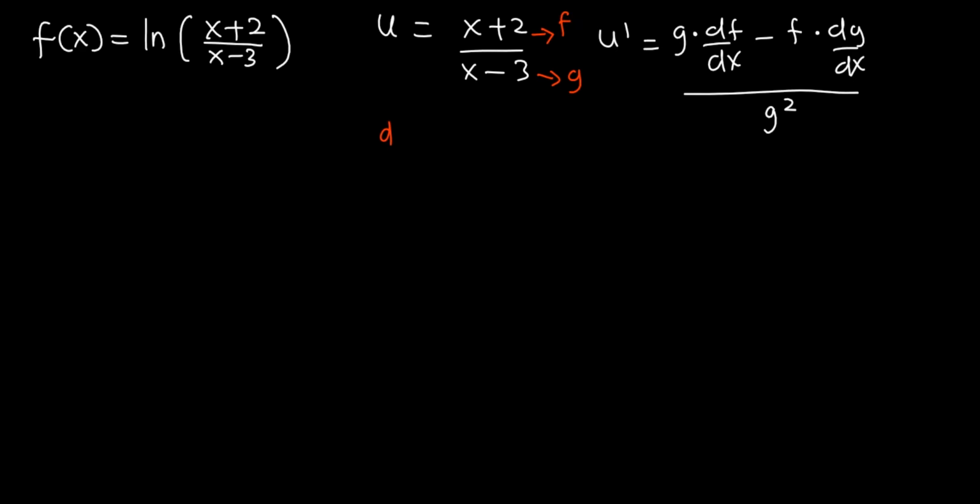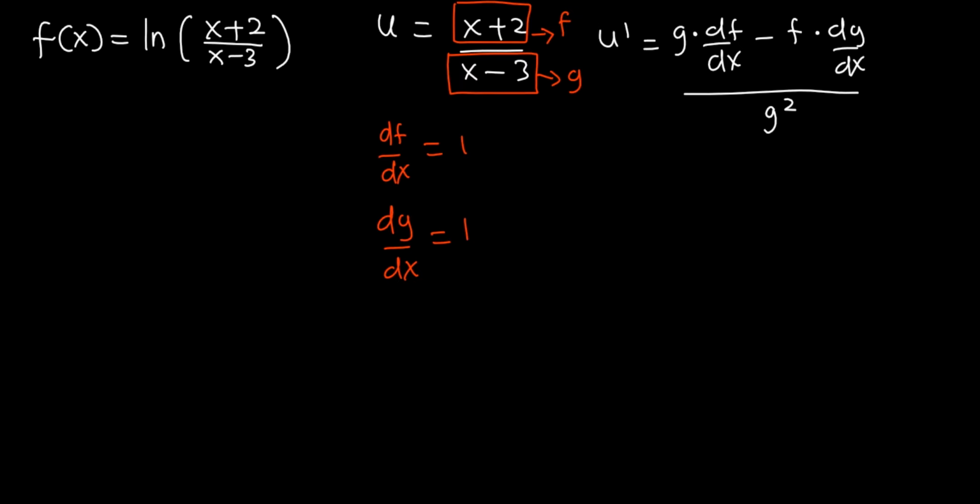So df over dx will give us 1, right? Because you know f to be equal to x plus 2 here. So when I find the derivative of that, that will give us 1. And then let's find the derivative of g. So that will be dg dx. That also gives us 1.